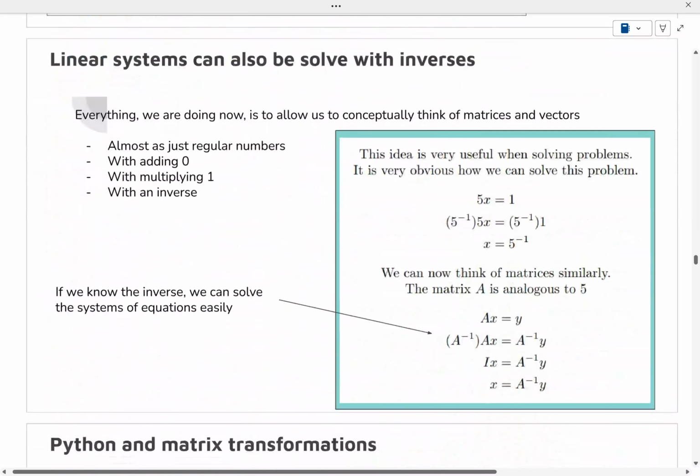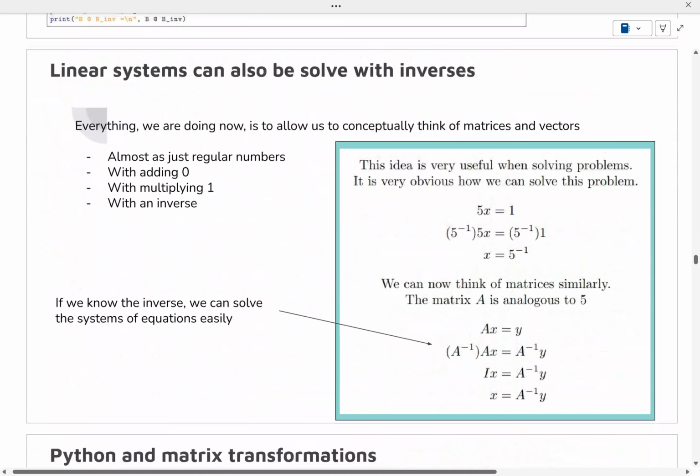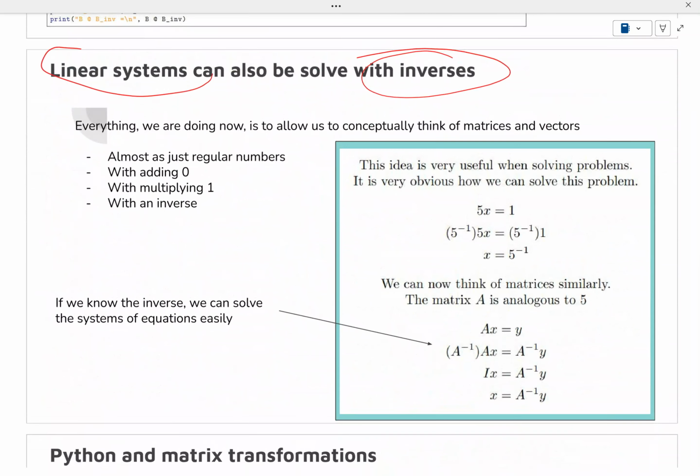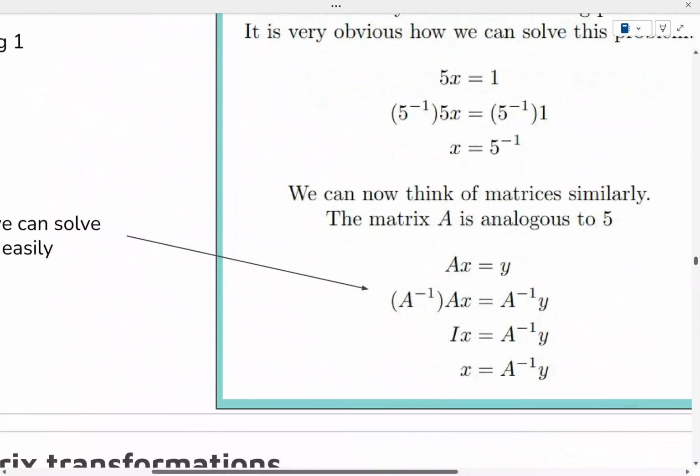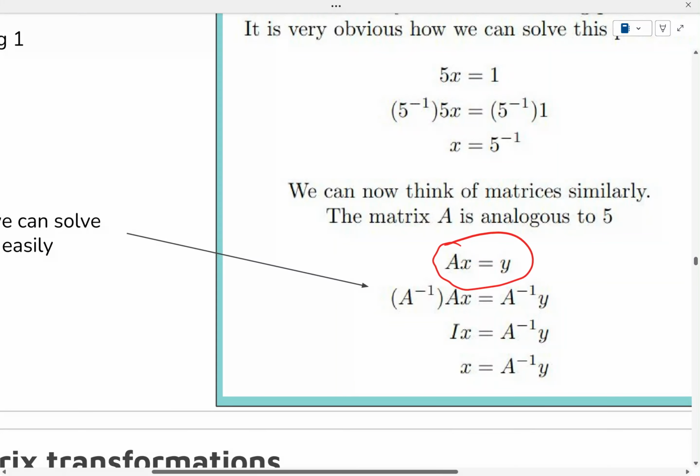All right, so what is interesting is that when we find inverses, it helps us solve linear systems. If we have this kind of system, previously I taught you how to use Gaussian elimination. Well, instead of Gaussian elimination, another way to solve this is simply to find A inverse.